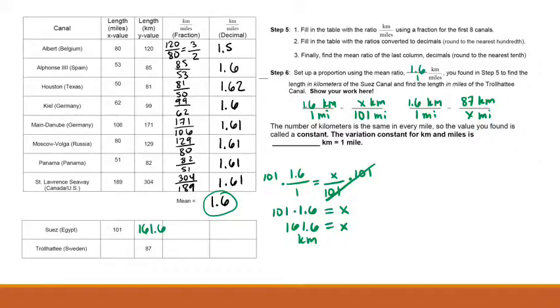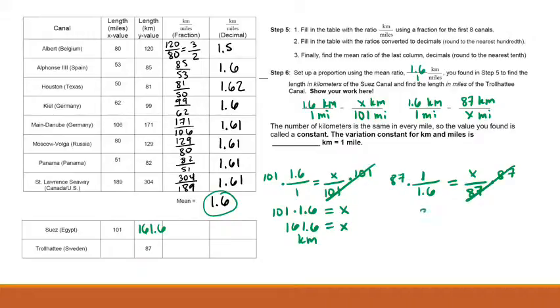And then in my other proportion, you'll notice that I have the X value on the bottom. So I need to flip both sides of the proportion. So I'm now going to have 1 over 1.6 kilometers equals X over 87 kilometers. And now I can undo dividing by 87 by multiplying both sides by 87.